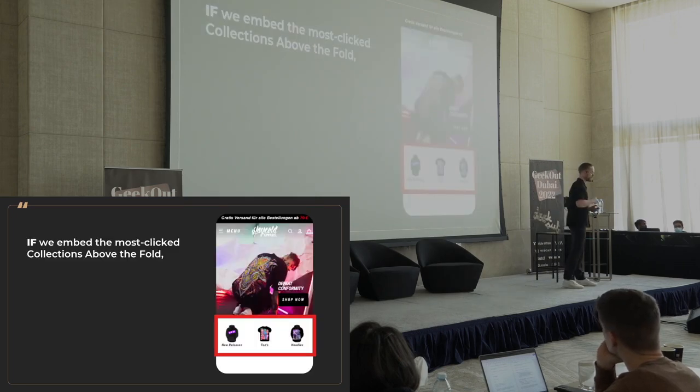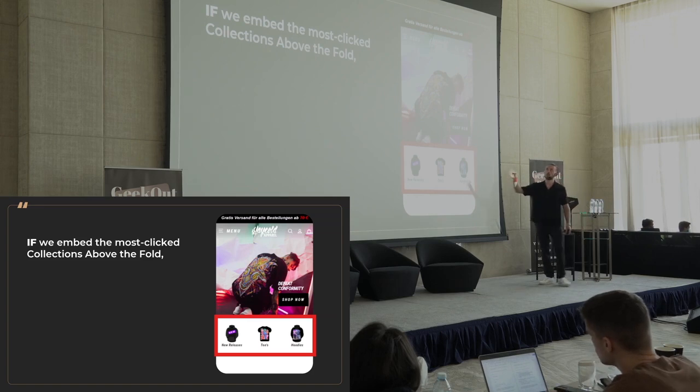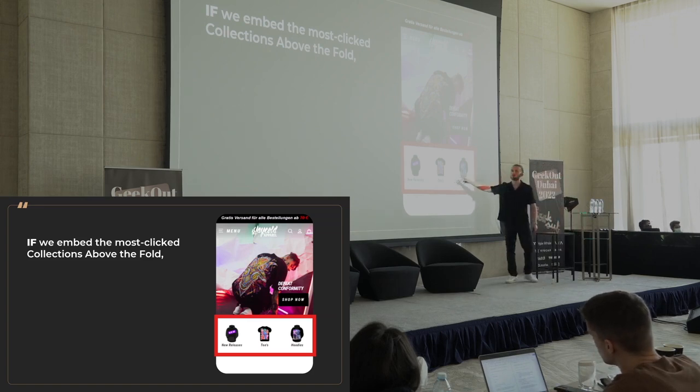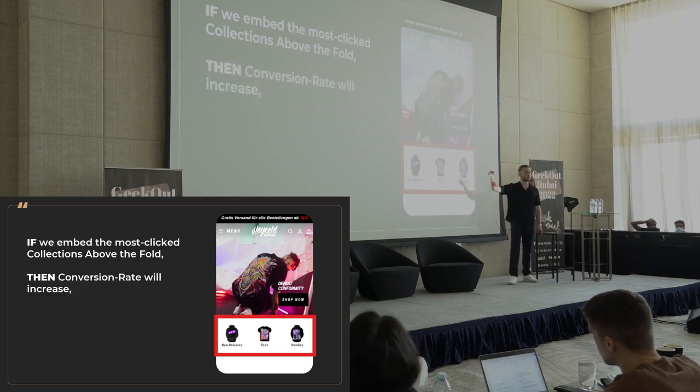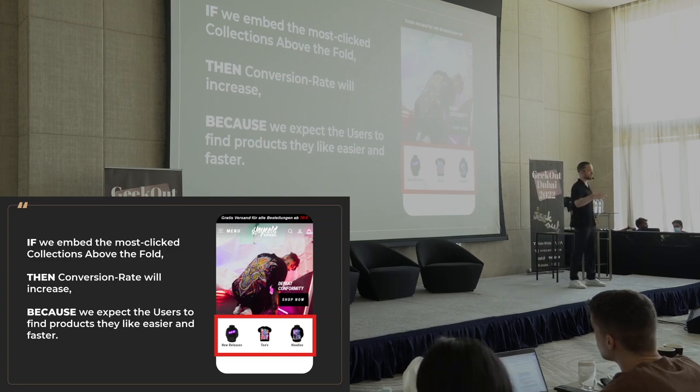And a hypothesis is always built out of 3 main points: if, then, and because. So in this specific case, if we embed the 3 most clicked collections above the fold, then conversion rate will increase because we expect the users to find the products they like easier and faster.